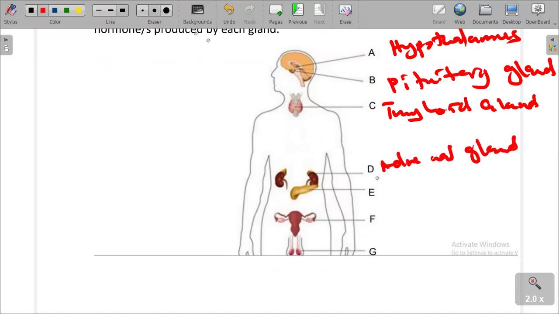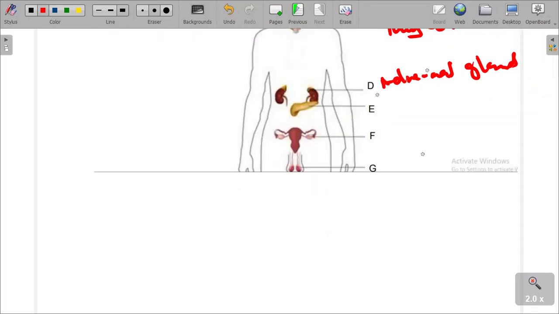This is just a repetition of the previous presentation that we did. As you can look at this, class, you should be able to answer and relate all these various hormones and the various functions that they perform.